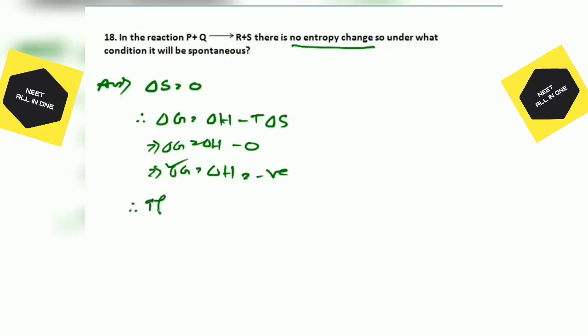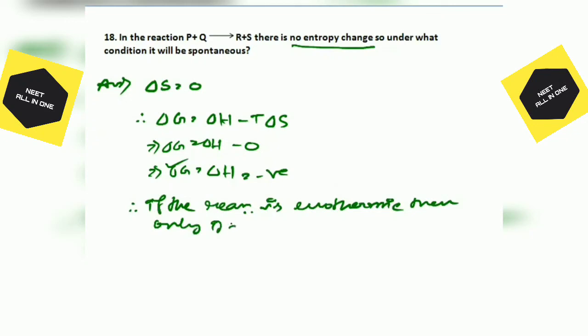So if the reaction is exothermic, then only it will be spontaneous, right? Because for del H to be negative, it's an exothermic reaction, and then del G will also be negative. So that will be the criteria for spontaneity.